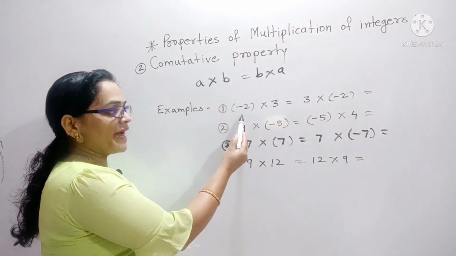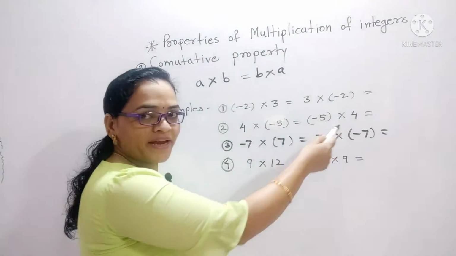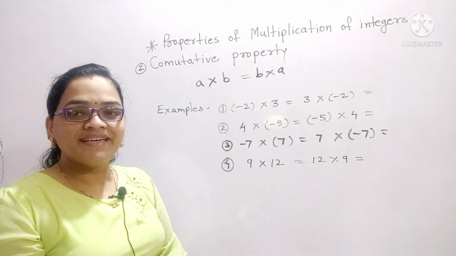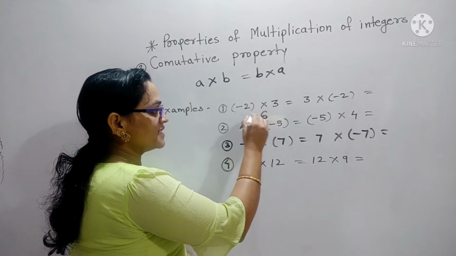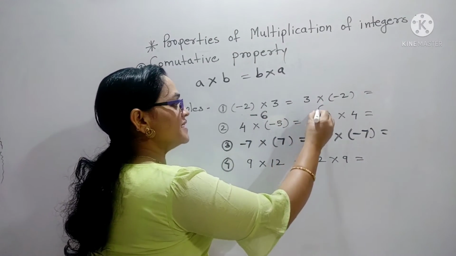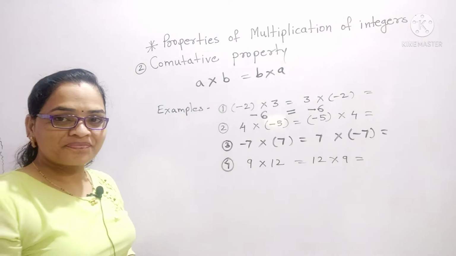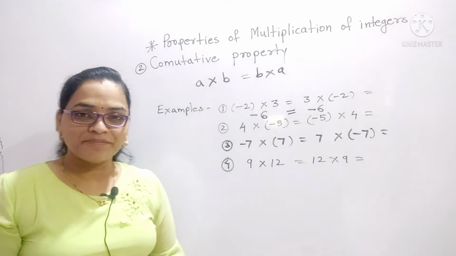See first example, minus 2 into 3. Now we have changed its order. Then what is the product? 2 3s are 6, minus 6, and here 3 2s are 6 and minus 6, and both are equal. Order changed, then product remains same.